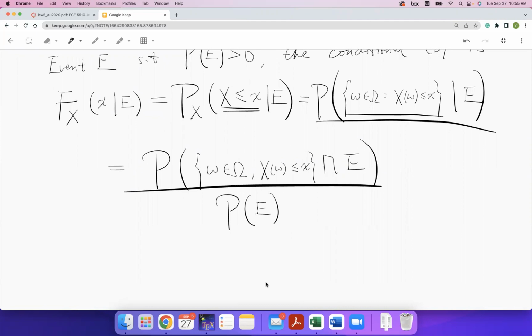Now later on, to simplify the notation, for this event we will always write it as such a simple inequality. Okay. Just to simplify the notation, but you should always remind yourself that this means the event that contains all the outcomes such that the corresponding random variable values are less than or equal to x.